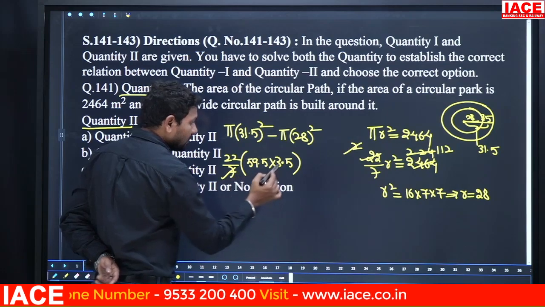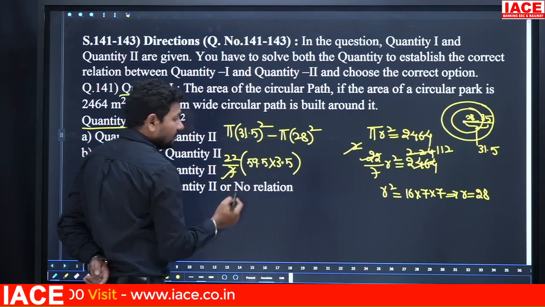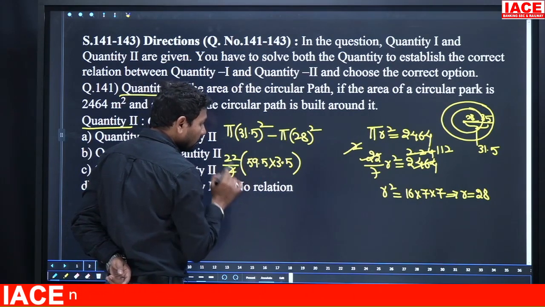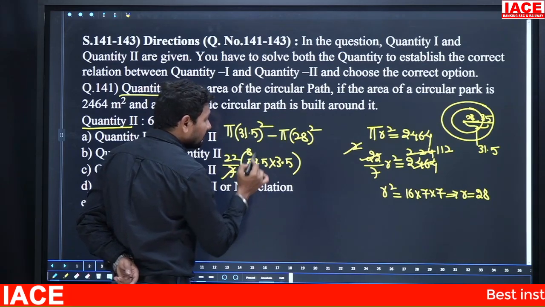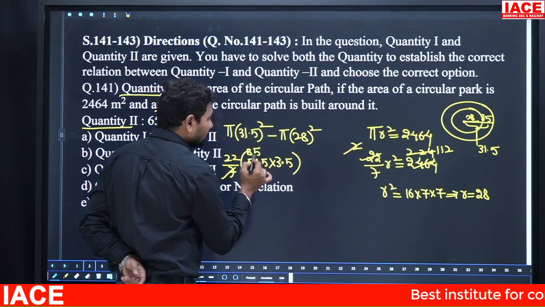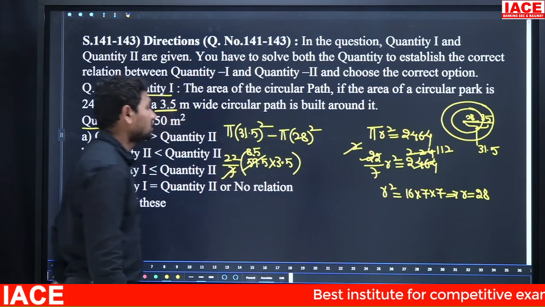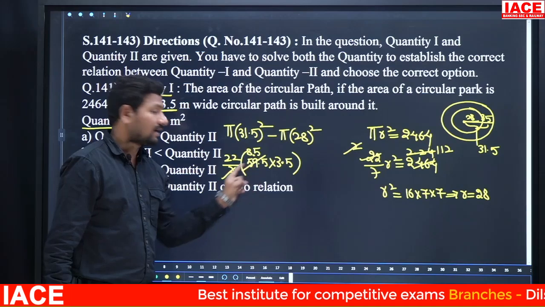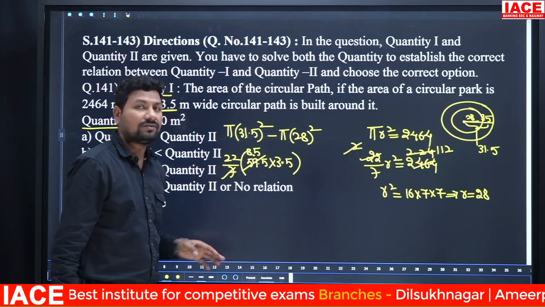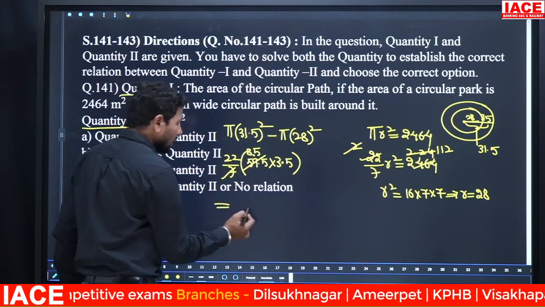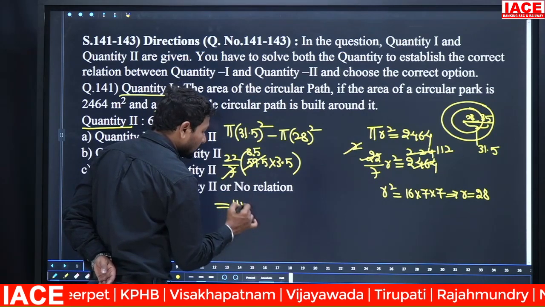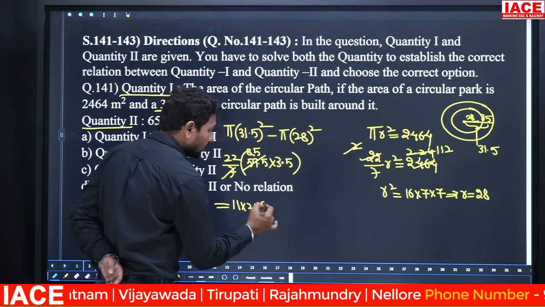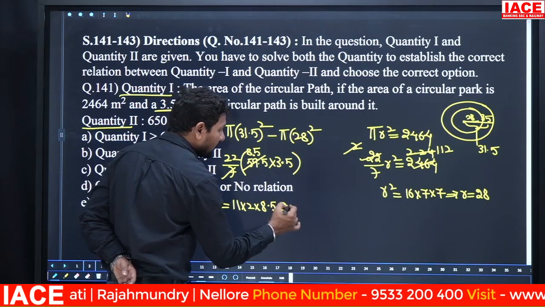Here 7 to 7, 59.5 cancel it. 7 how many times? 7 8s are 56, remaining is 35, 7 5s are 35, and the one decimal will be cancelled. Then we have to multiply 22. You can write 11 into 2, into 8.5 into 3.5.